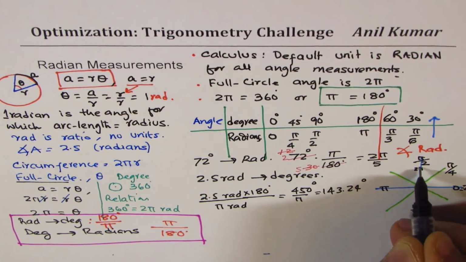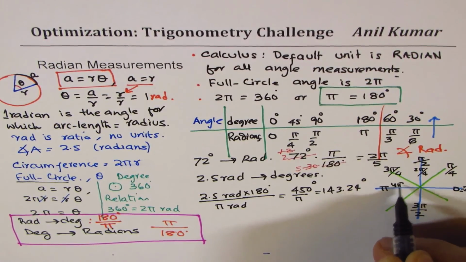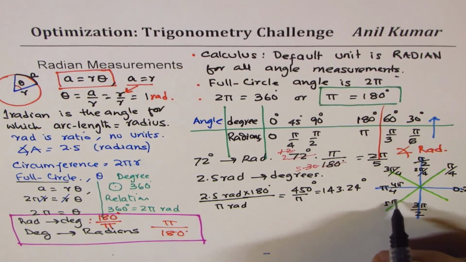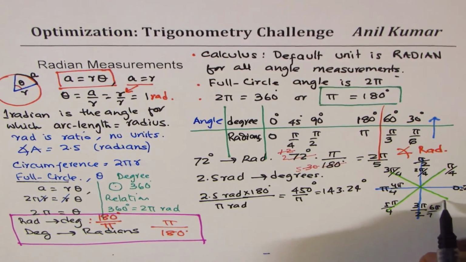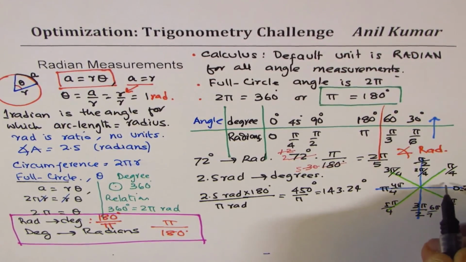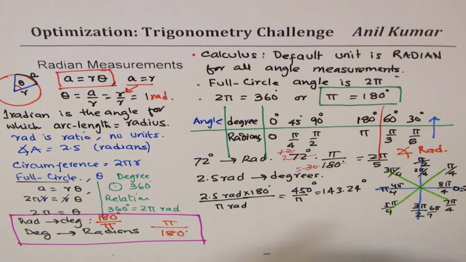This is 2 pi by 4, 3 pi by 4, 4 pi by 4, 5 pi by 4, 6 pi by 4, 7 pi by 4, and 8 pi by 4. Does it make sense to you? 8 divided by 4 is 2, you get 2 pi, correct? So you get 8 pi by 4. It is so simple. You don't have to think much.